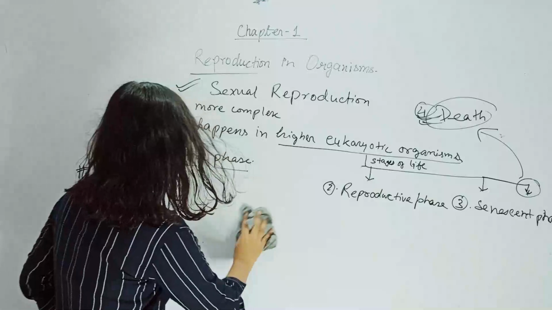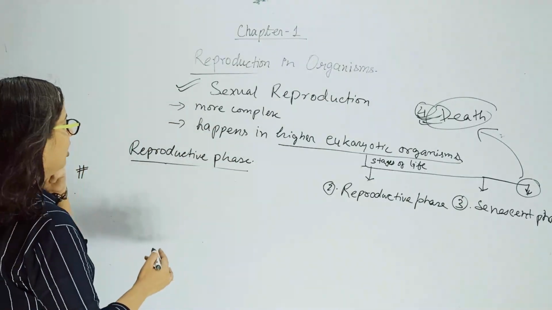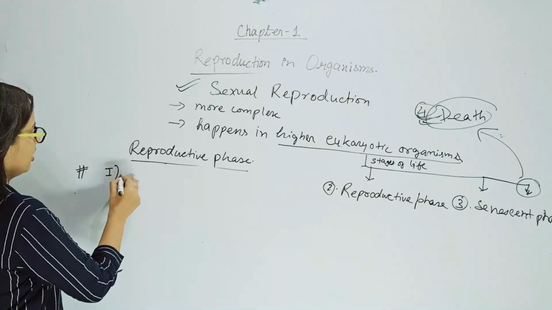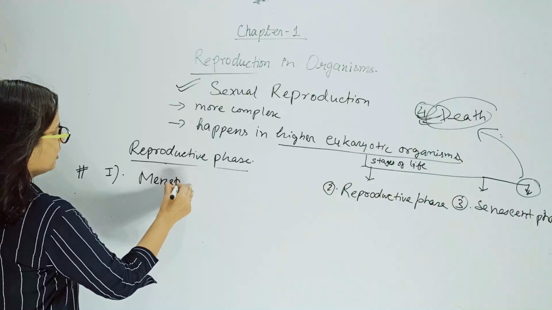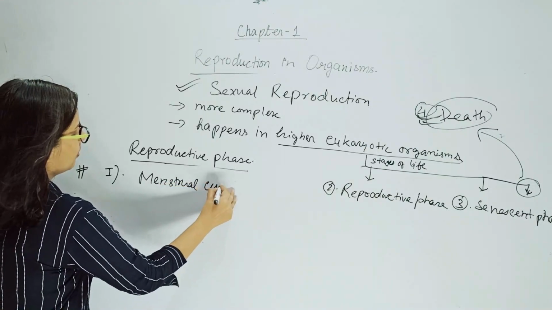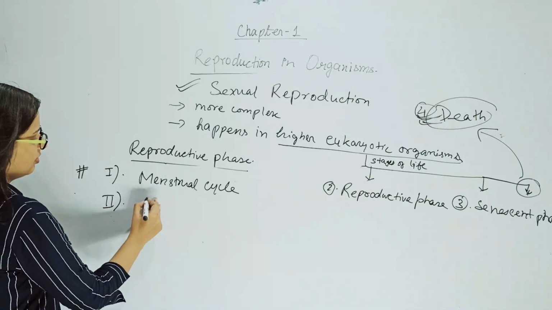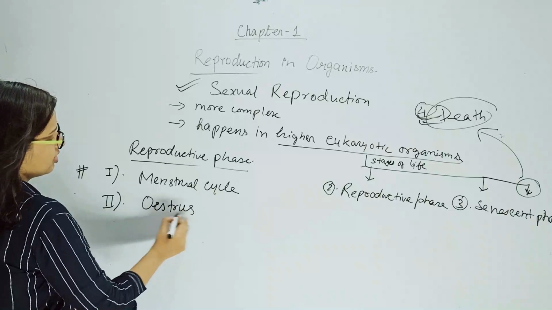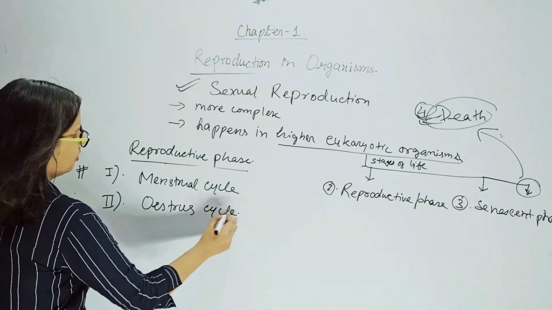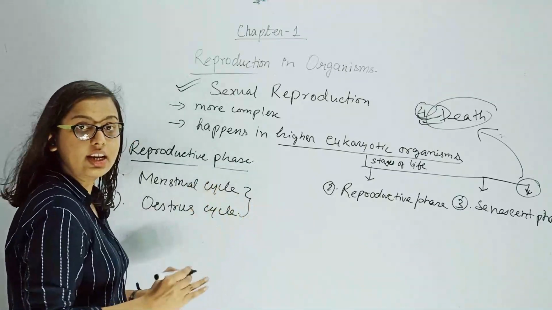The first one is the menstrual cycle, and the second one is the estrus cycle. So the menstrual cycle and the estrus cycle are what?